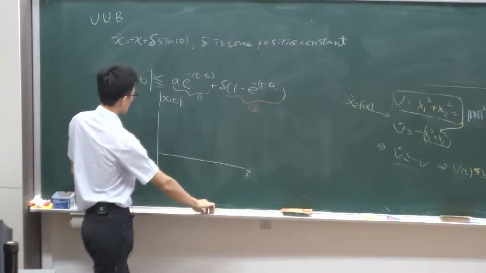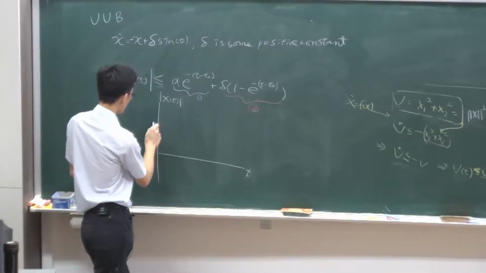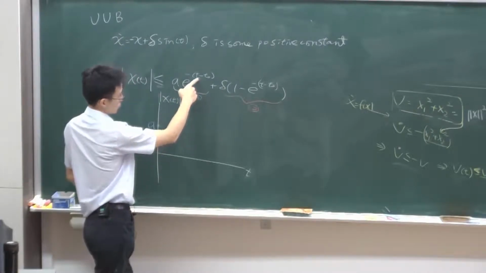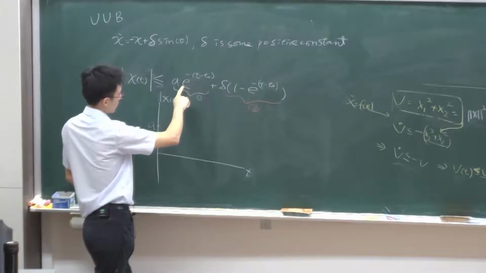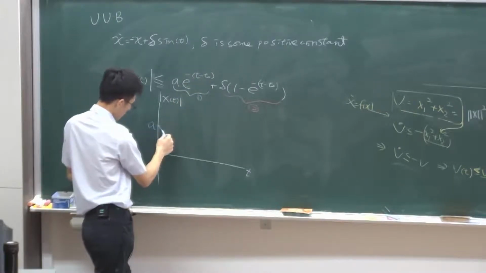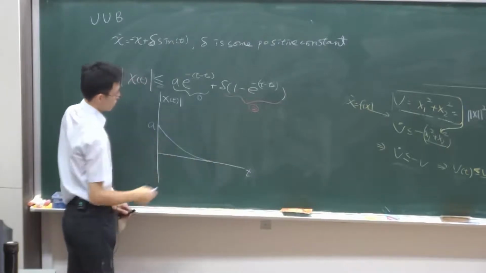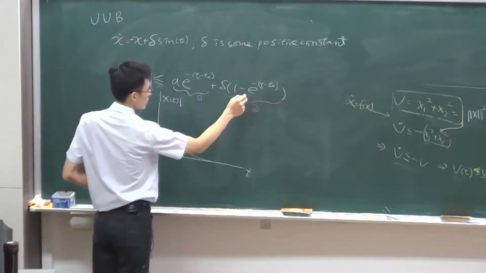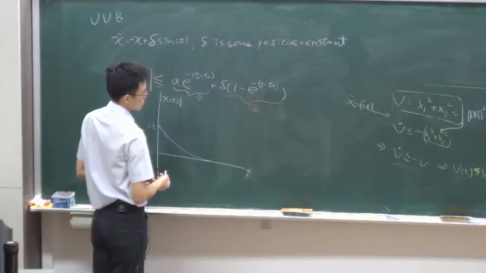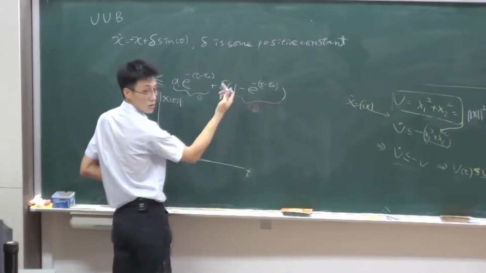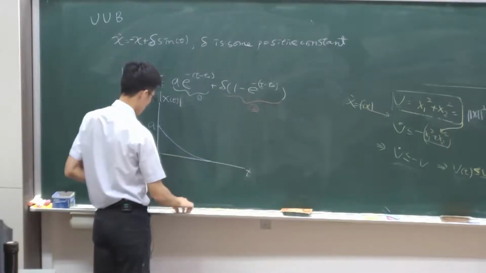The first power decays, it starts with A, because the initial condition is 1, so it decays from A to 0 as t goes to infinity. And this, what's this? Initially it was 0, right? But eventually it goes to sigma.